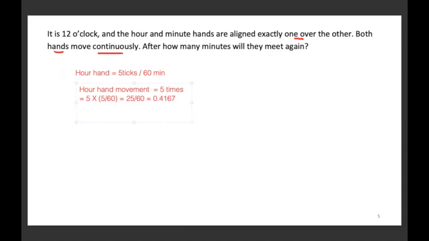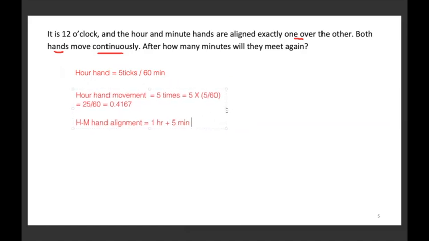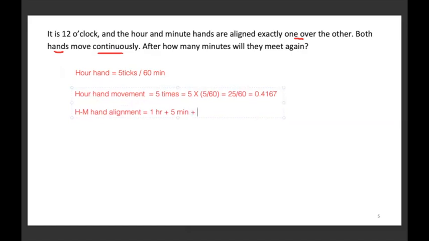So the hour and minute hand alignment after 12 o'clock will happen after 1 hour plus 5 minutes, and then plus the movement that the hour hand will go through, which we have already calculated as 0.4167 in the 5 minutes timeline.